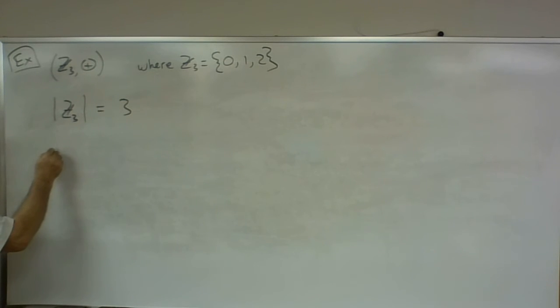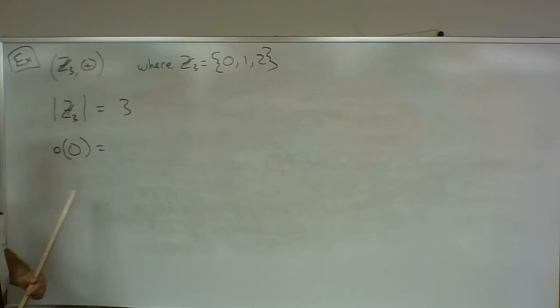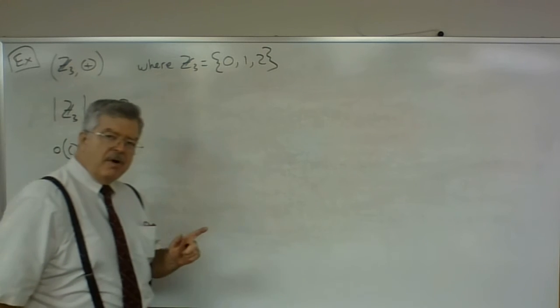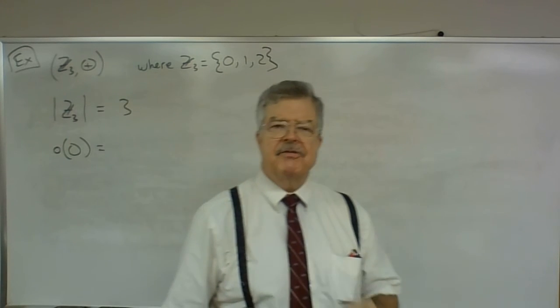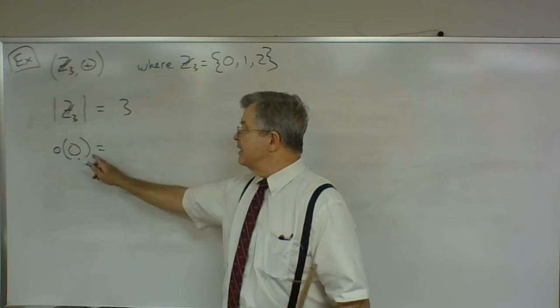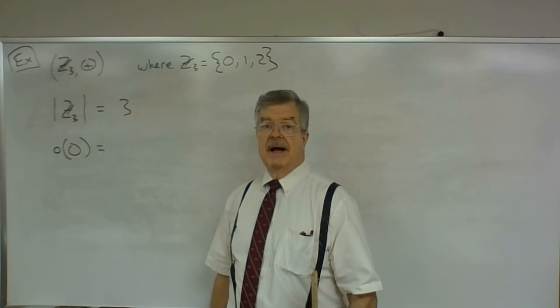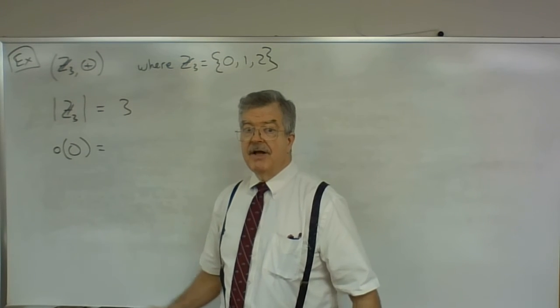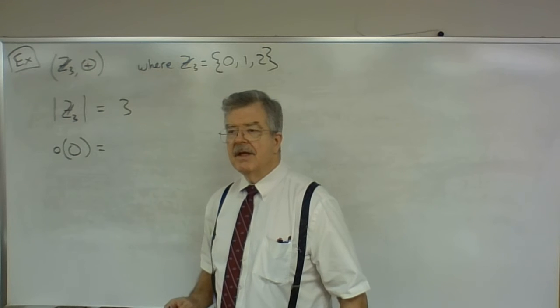Now, what about the order of the elements? The order of 0. What's the smallest positive natural number that we can multiply 0 by and get itself, the identity?